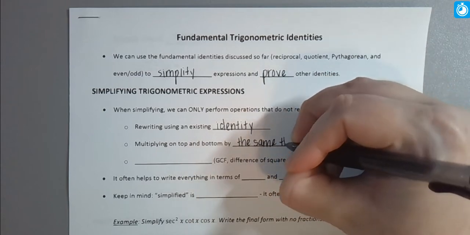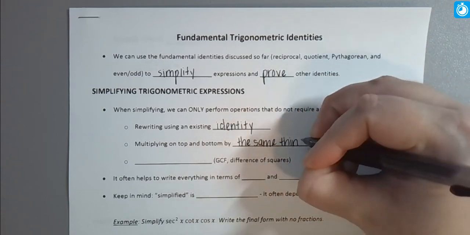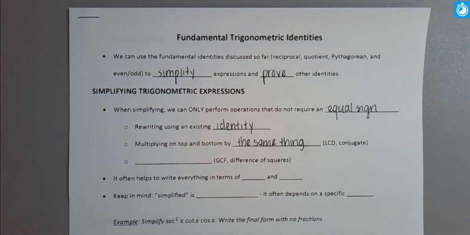We can multiply an expression by another expression as long as we're multiplying by something divided by itself. Why is that? Anything divided by itself is really equivalent to just 1. What happens when you multiply something by 1? Nothing changes. You have the same thing that you started with.